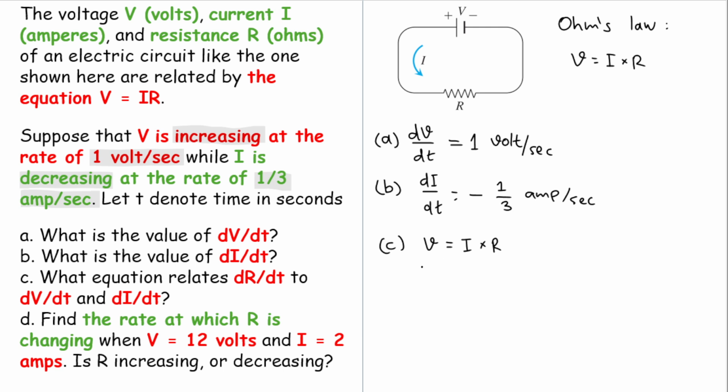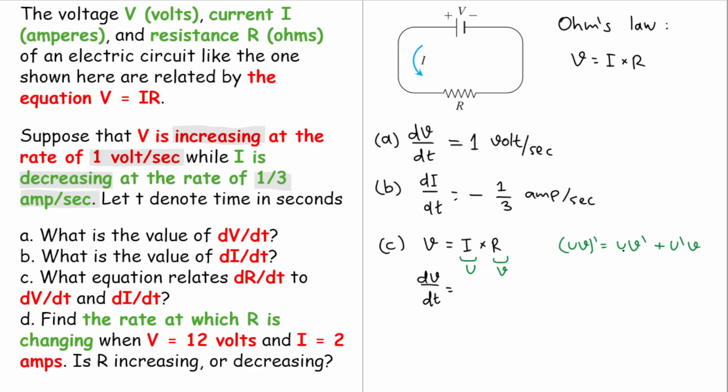So if we take the derivative of V with respect to time, dV/dt, we can calculate the right hand side using the product rule of the derivative, (uv)' equals u v prime plus u prime v. We use this I as our u and this R as our v.